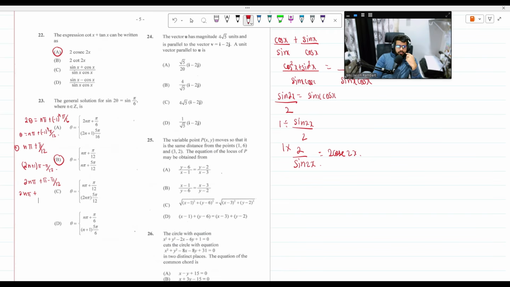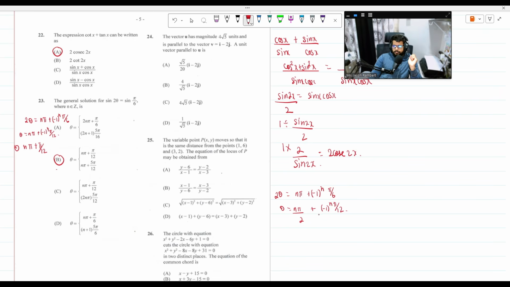I'm doing it real shortcutty here, so let me just do it properly on the side. We know that our 2 theta is equal to n pi plus minus 1 to the n multiplied by pi on 6. So theta is equal to n pi over 2 plus minus 1 to the n by pi on 12.